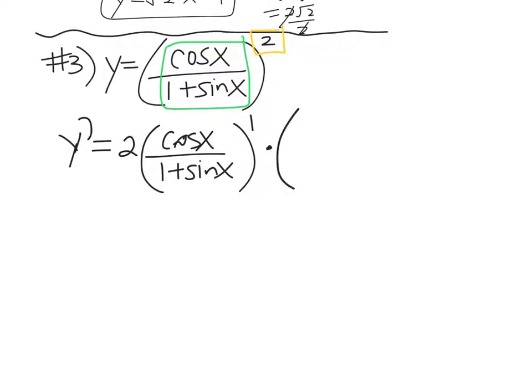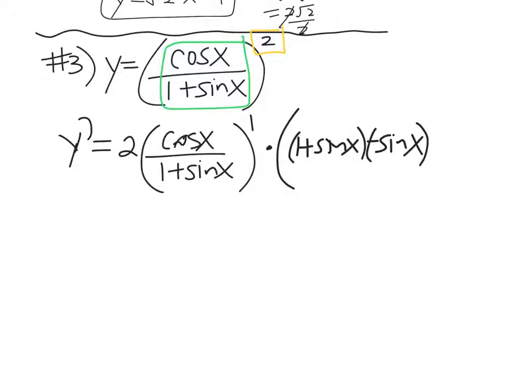Are you ready for it? It's going to be pretty big. Here we go. It's still going to be squared, right? Well, no, we're just doing the inside. The bottom will be squared. We're ignoring that square. We already did that part. So low d high. So 1 plus sine x times negative sine x.